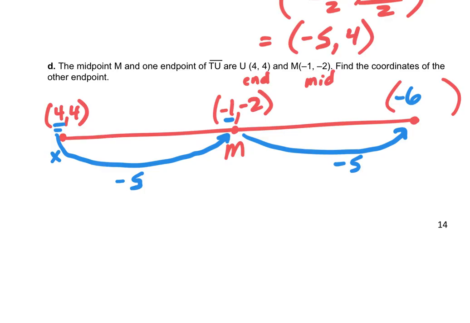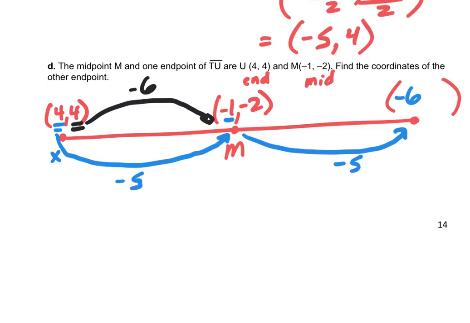Let's try the y's. So it'd be -8. If I go from 4 to -2, how far am I moving? 6. Which direction? Negative. -6, right? From 4 back to -2, I'm going back 6, left 6, down 6, however you want to say it.